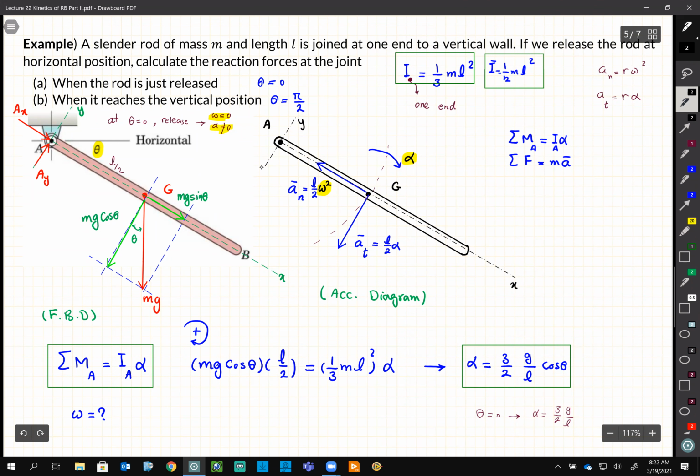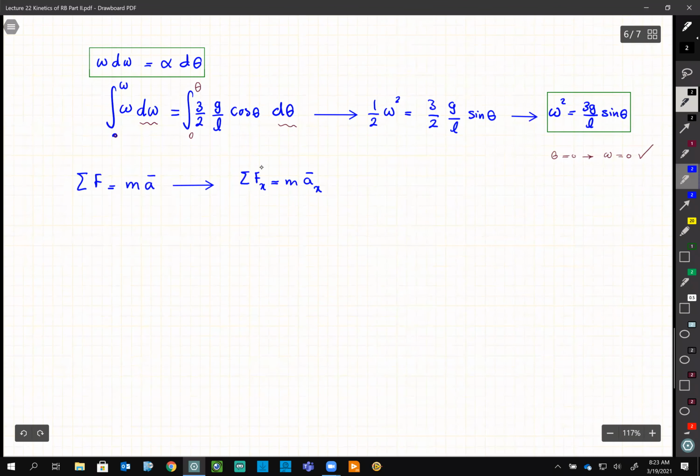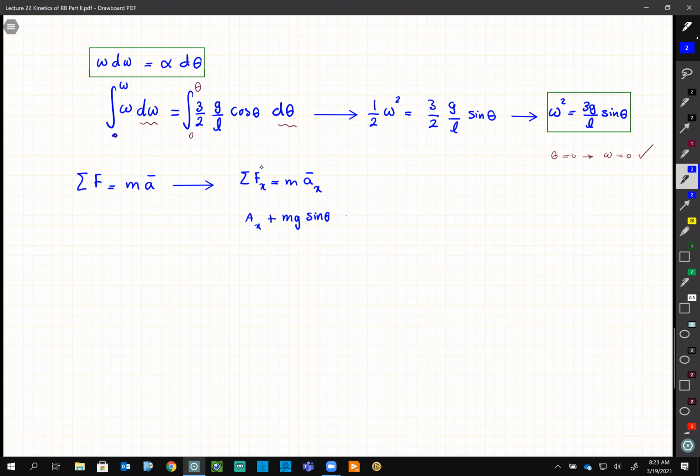Okay, so let's write them down, and please check my calculation to make sure that I'm not wrong. So what do we have? We have Ax, right? And then we have mg sine theta. They're all positive. This is on the left side of the equation. And what do we have on the right? We have m L over 2 omega squared.